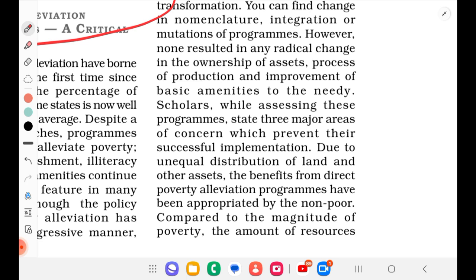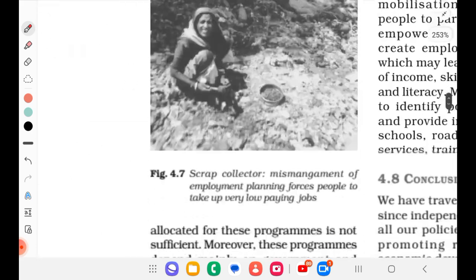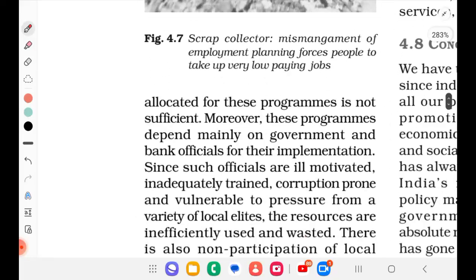Due to unequal distribution of land and other assets, the benefit from direct poverty alleviation programs has been appropriated by the non-poor. Compared to the magnitude of poverty, the amount of resources allocated for this program is not sufficient.